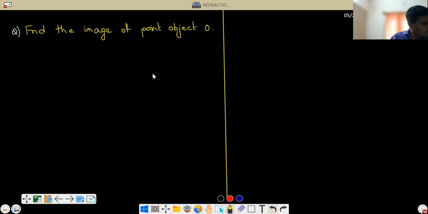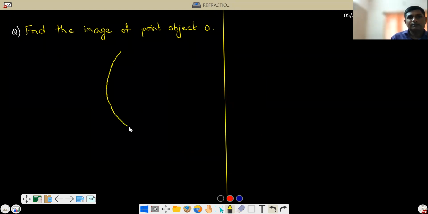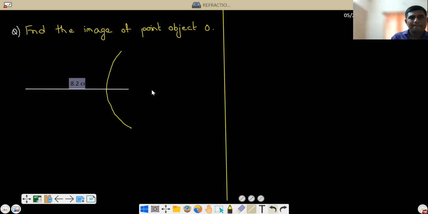Okay. So now let us see. So this is a spherical surface separating two different media. Okay, this is 1, this is 4 by 3.